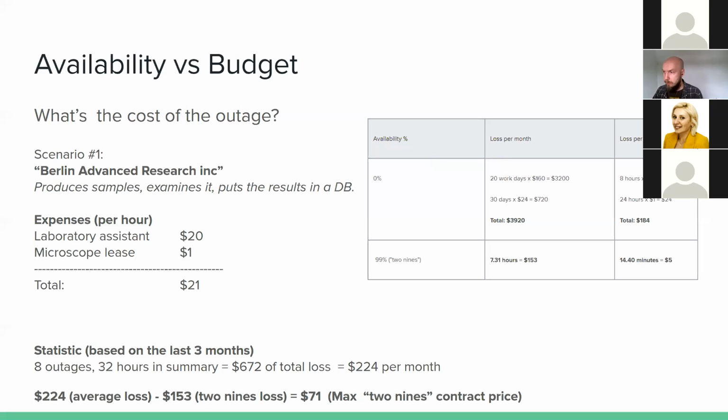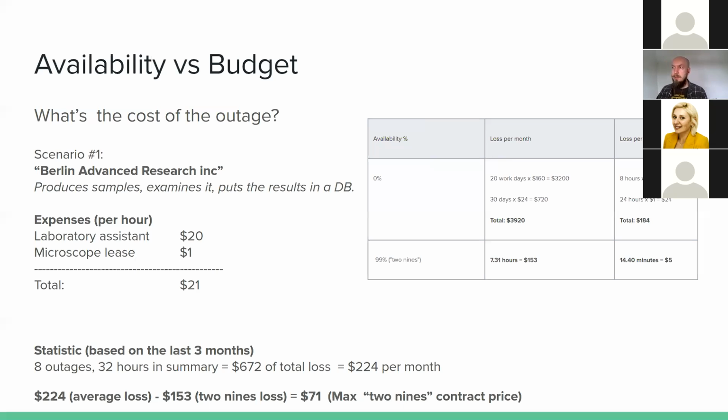You go to the provider and say, I'd like to make a contract. You guarantee uptime of my system at 2 nines, and how much does it cost me? And here you can make some calculation. Your average loss, with guaranteed SLA 2 nines, is 153, and the difference is 71.